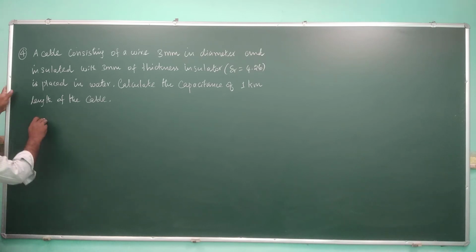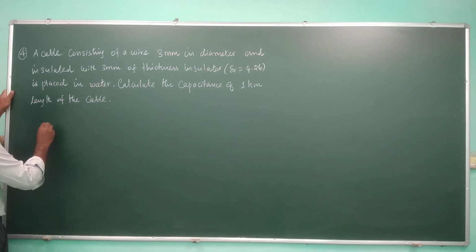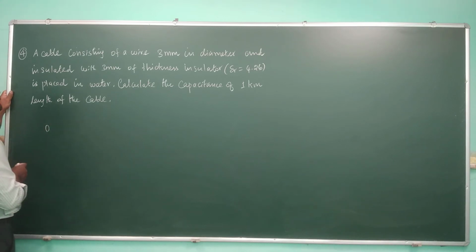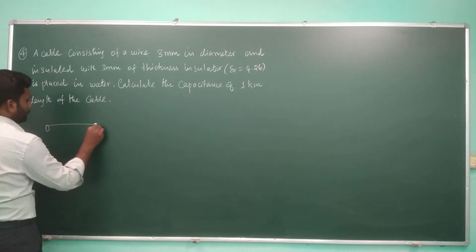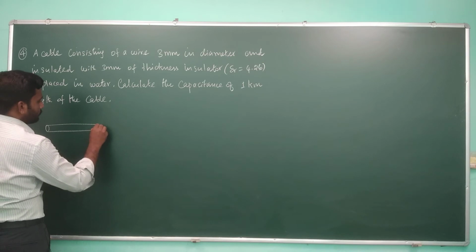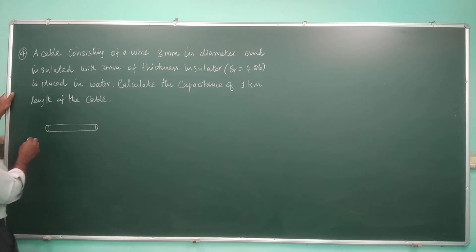See, it is given like this. So the wire, assume that its metal part has a diameter of 3 mm.